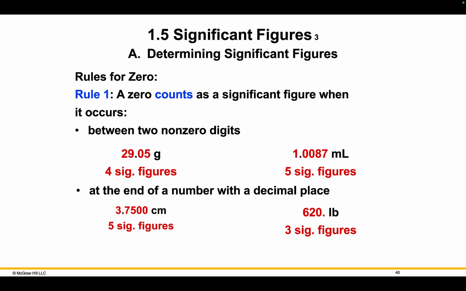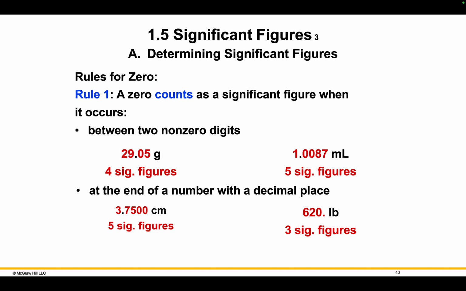When you look at that next point, a 0 counts as significant if it is at the end of a number with a decimal place. What we call this is a trailing 0 after the decimal place. So a trailing 0 after the decimal place is significant. And so in that first example, we have 3.7500 centimeters. There's 5 significant figures there because the 3, the 7, and the 5 are automatically significant because they're non-zero digits, and then the 2 zeros are trailing after the decimal place, and so there's 5 significant figures there.